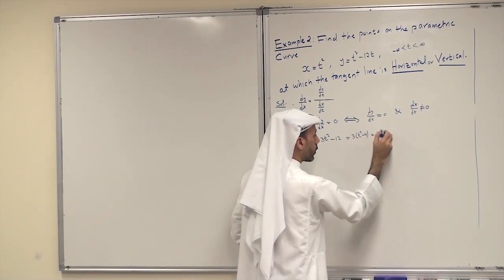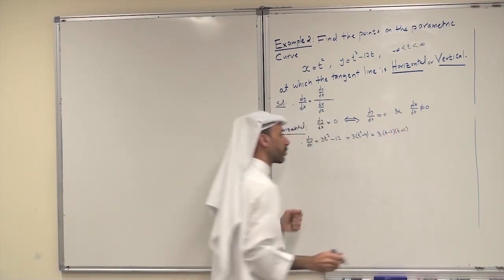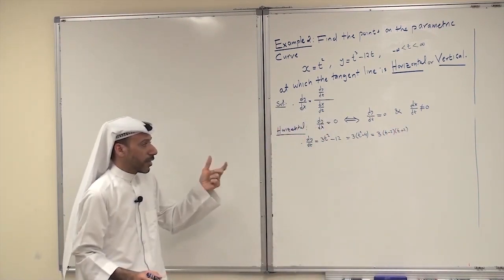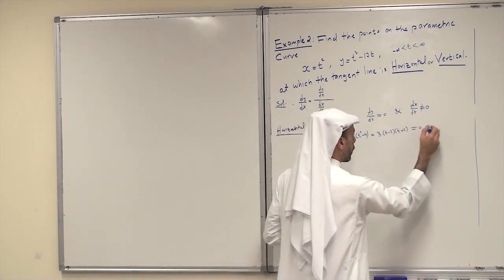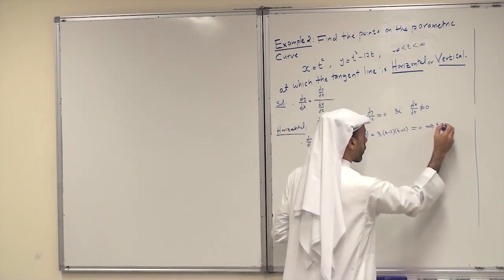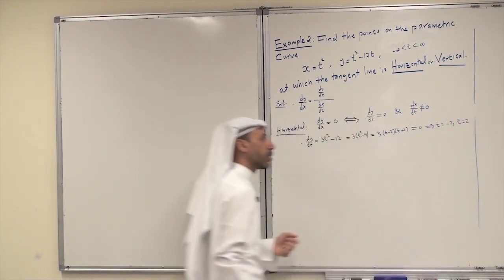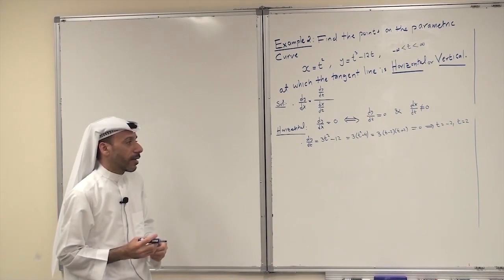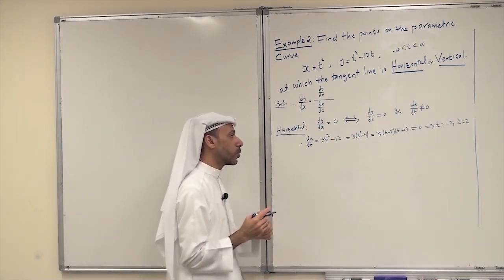Factor further, you get t minus 2, t plus 2. If dy/dt is equal to 0, then I get t equals minus 2 and t equals 2. So these are the values of t at which dy/dt is equal to 0.